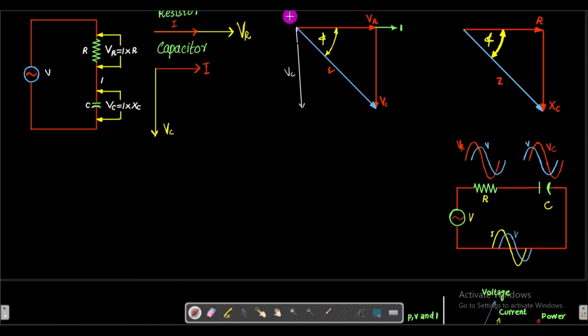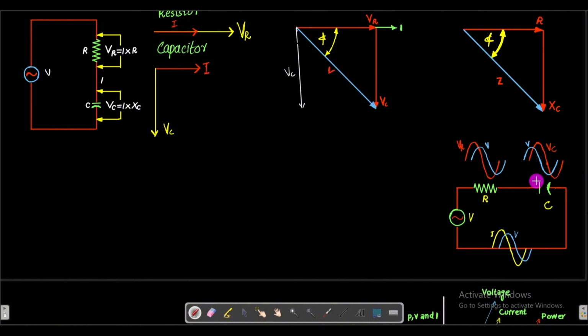From this diagram, if we extend this rectangular component of this vector, and this is the other rectangular component of the resultant vector, then from here VC is lagging behind V.